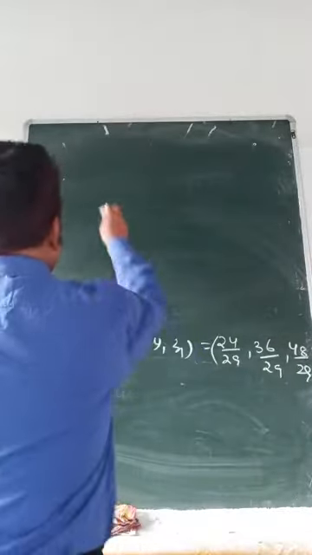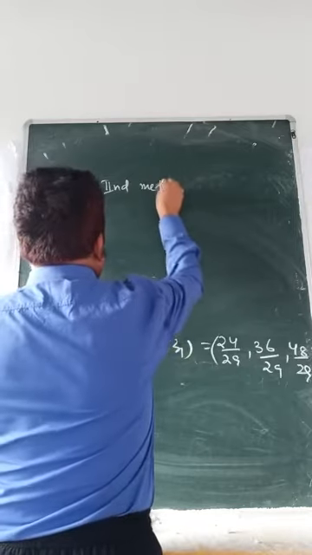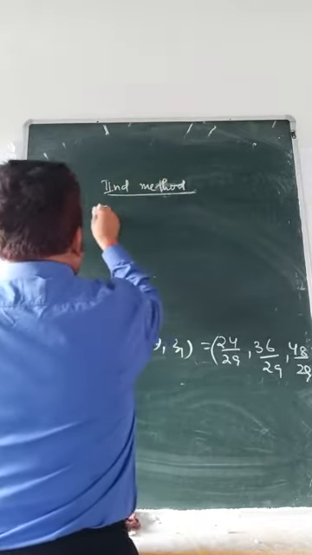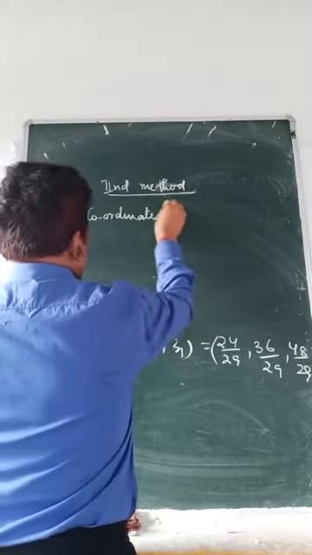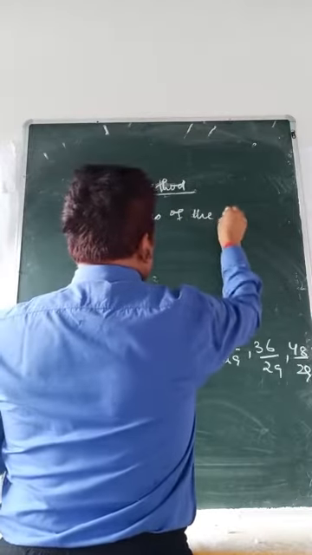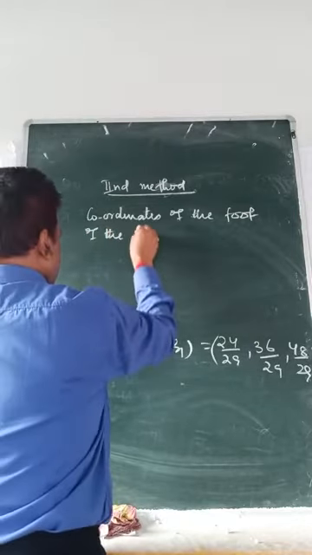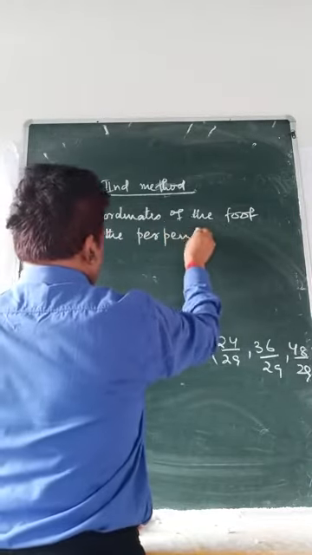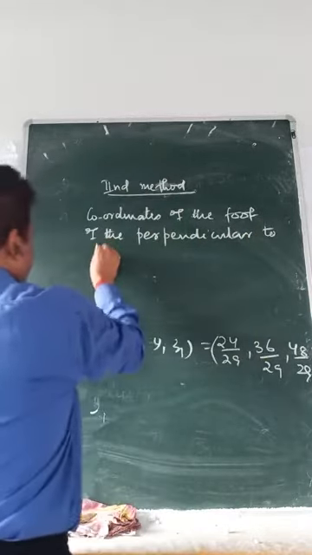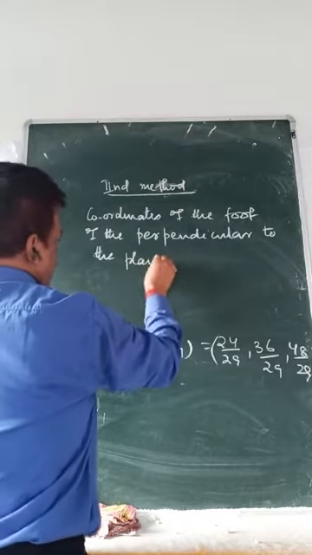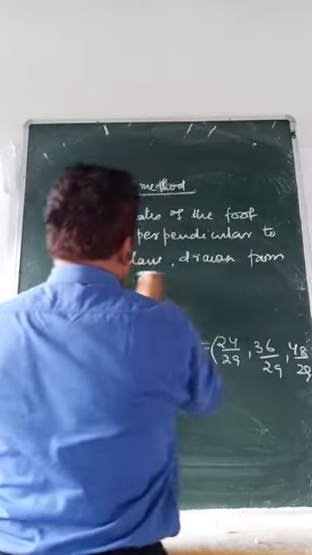Second method: coordinates of the foot of the perpendicular to the plane drawn from the origin.